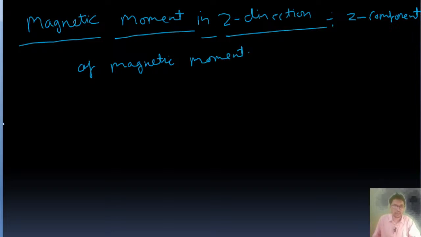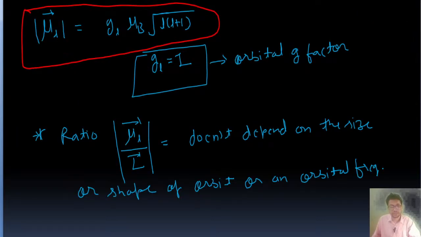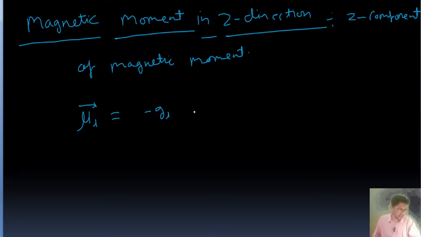Z component of magnetic moment, and that formula is, that is mu L value is minus GL, the orbital G factor, right? Orbital G factor GL, mu B, Bohr magneton mu B, into root L into L plus 1.